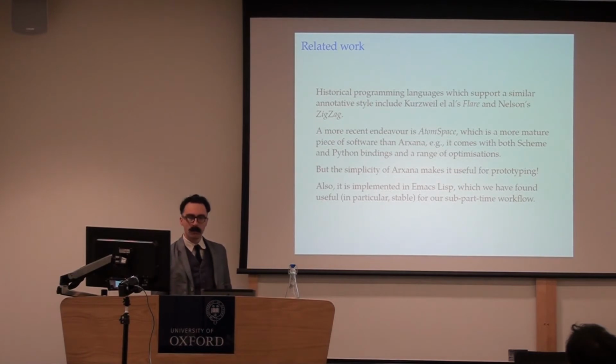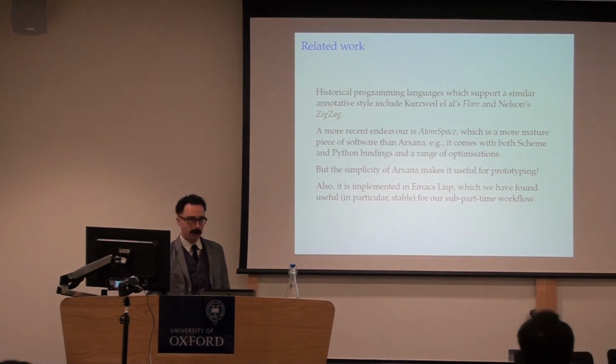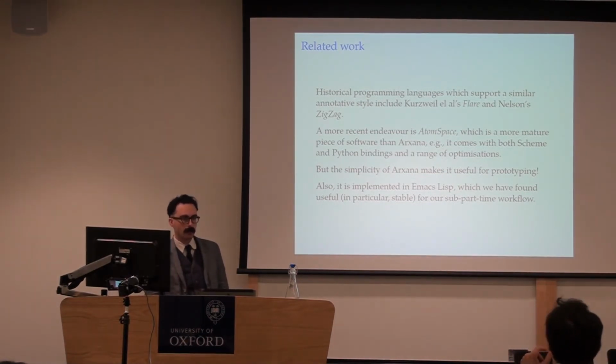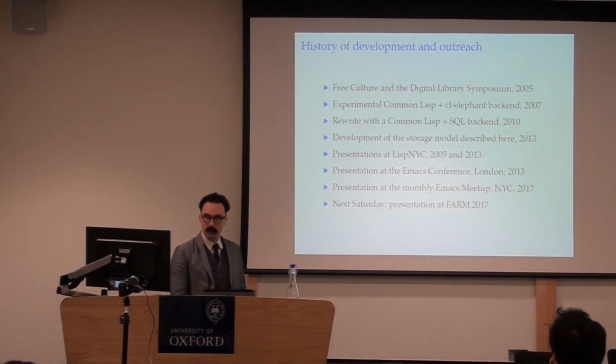So if you wanted to use an industrial thing, maybe Atom Space is the right way. But for us, Arkana is great, and it just lets us keep hacking, especially because we've been doing this super sub part-time for over a decade. It's nice to have something that's not too complicated, doesn't have a bunch of changing dependencies, just depends on Emacs Lisp, actually.